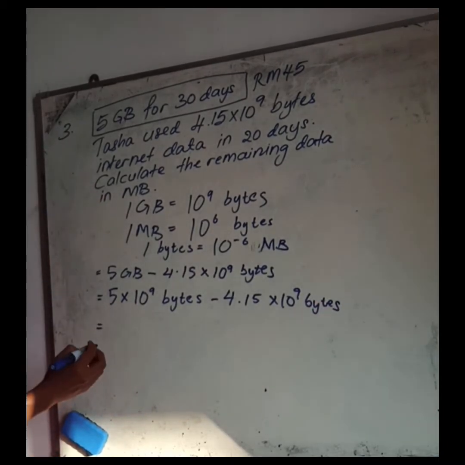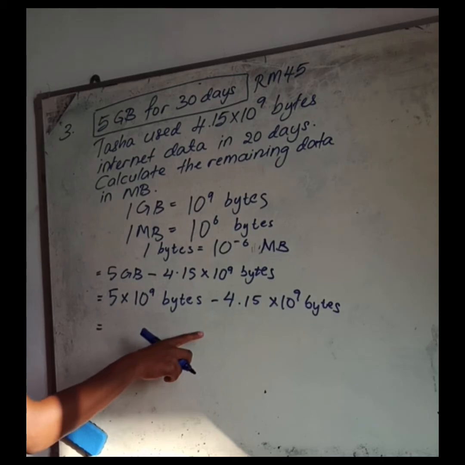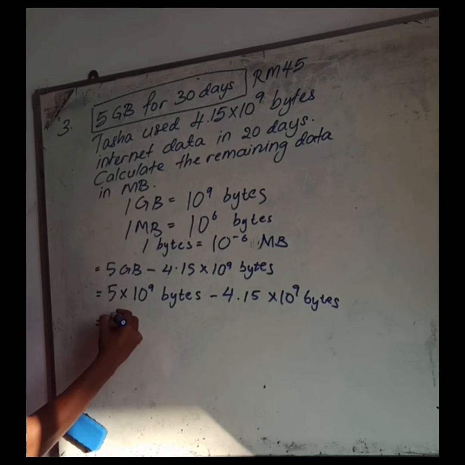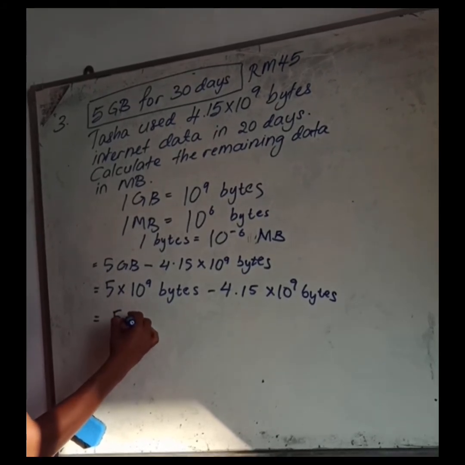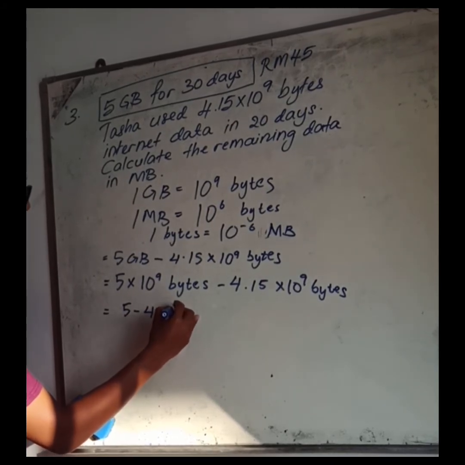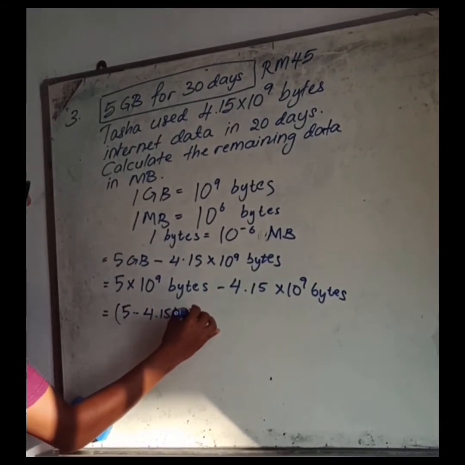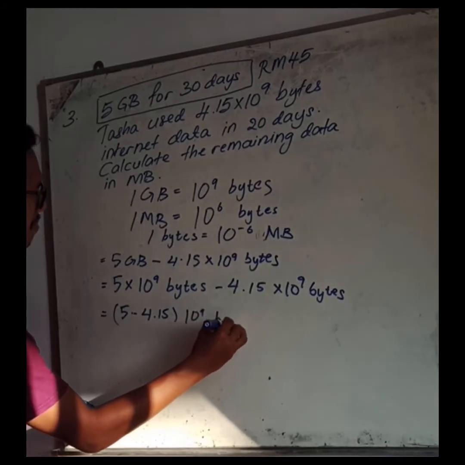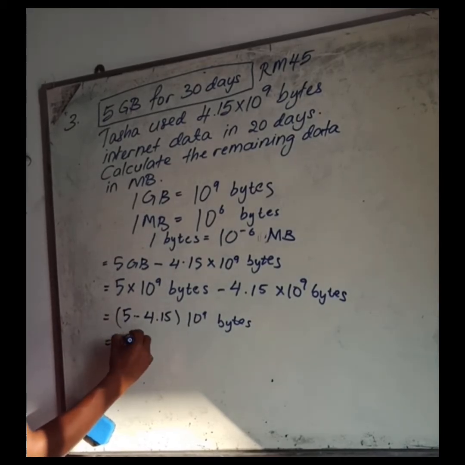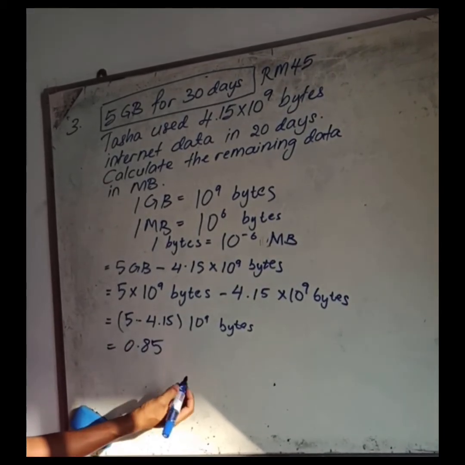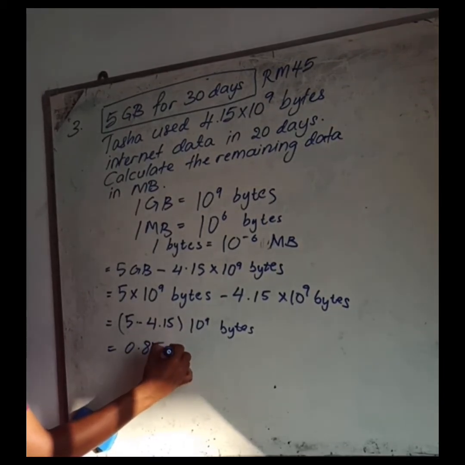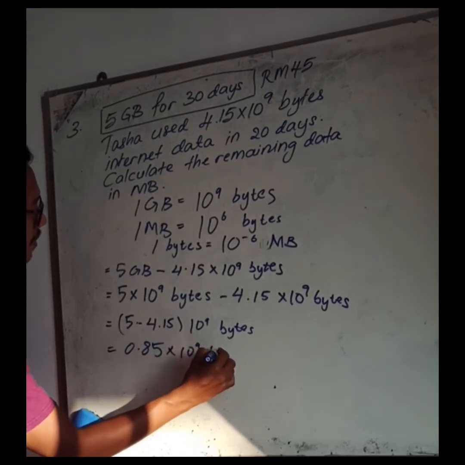So using one of the laws of indices, because the base and power are the same, we can just directly subtract them. Then we will get 0.85. You can just subtract this number, and we will get 0.85 times 10 to the power of 9 bytes.